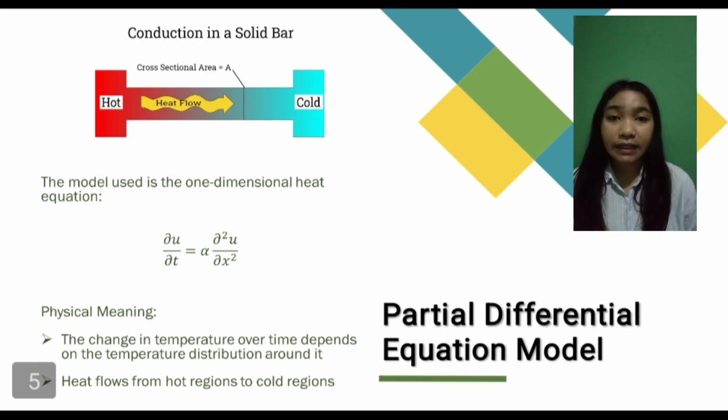The partial derivative with respect to time shows how the temperature changes over time, while the second derivative with respect to position describes how temperature differences across the bar cause heat to flow. The constant alpha is called the thermal diffusivity. It depends on the material of the bar and determines how quickly heat spreads through it.